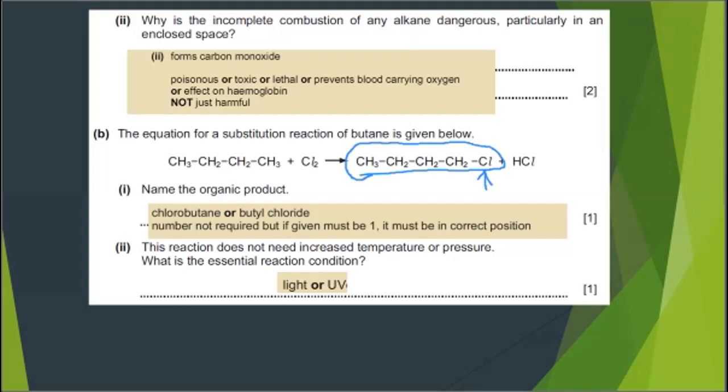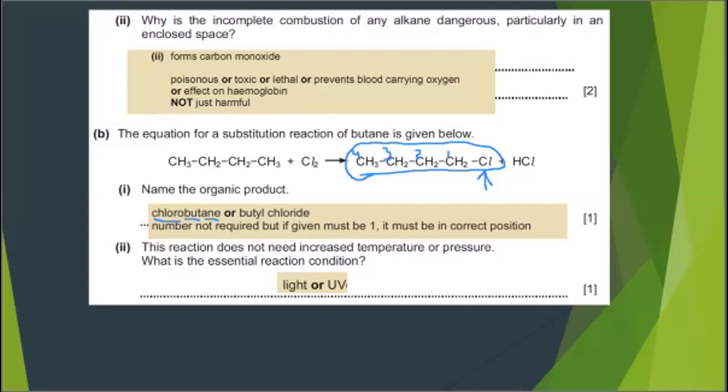Now, to name the chlorine, which is a halogen, it has the prefix chloro, right? Then we check and see how many carbons we have. We have 1, 2, 3, and 4 carbons present inside of this compound. So the prefix for that is but. There are no double bonds, so it's an alkane, hence the name chlorobutane.